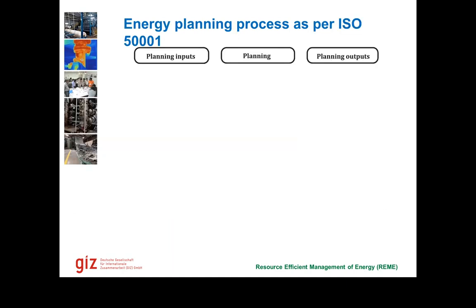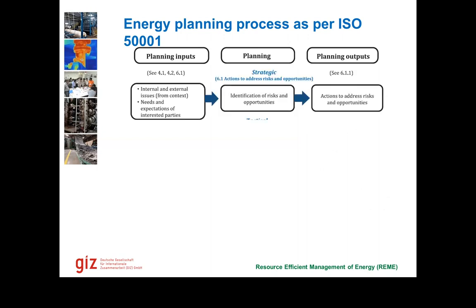So the energy planning process, as per ISO 50001, is divided into 3 phases. Number 1 is providing inputs for the planning. Number 2 is the planning process itself, and then there are some planning outputs. So at the strategic level, it requires identifying the risks and opportunities of a company with regards to energy.